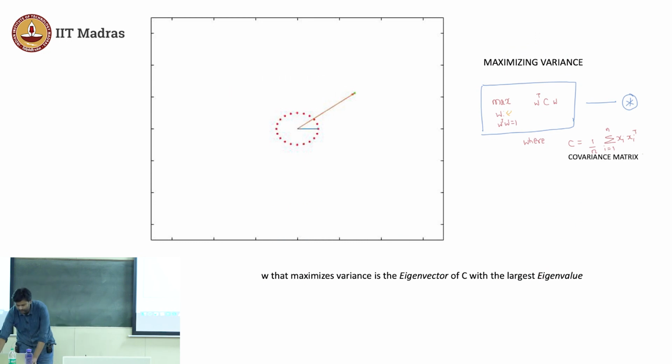So let me show this picture and then we'll see what we are asking for. So what I'm doing is that I'm moving my blue vector and then I'm plotting the corresponding C times W vector. As the blue vector traces the circle, you can see that the yellow vector, which is C times the blue vector, is tracing the ellipse.